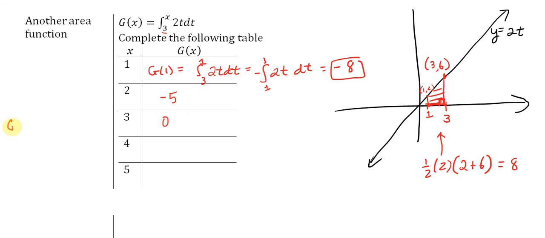G of 3 is really the integral from 3 to 3, because we're substituting in 3 for x here, of 2t dt. But when you're trying to find an area of a line segment, essentially it's going to be 0. G of 4 is going to be 7, and G of 5 is going to be 16.